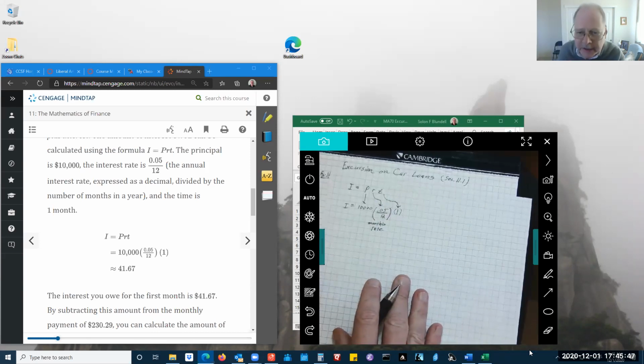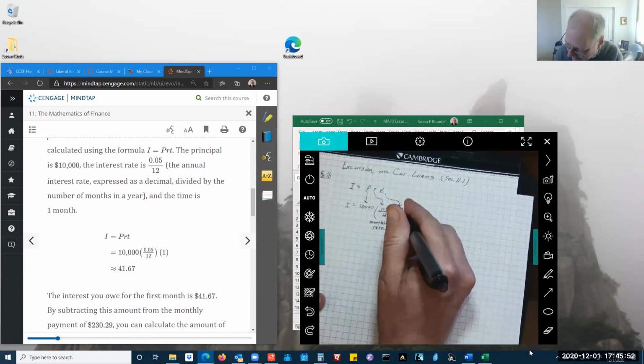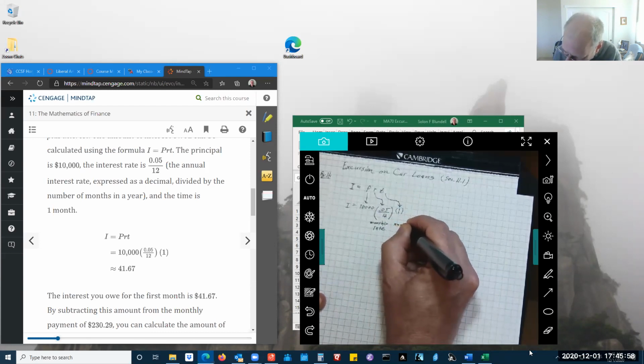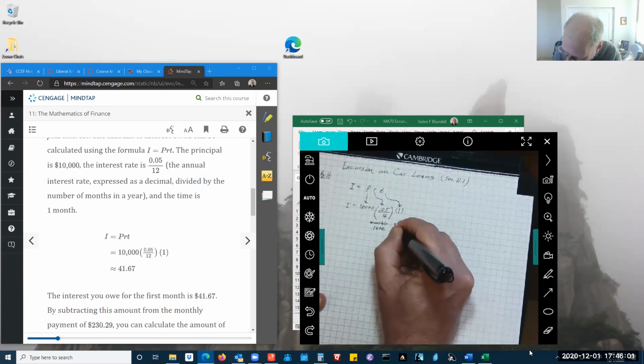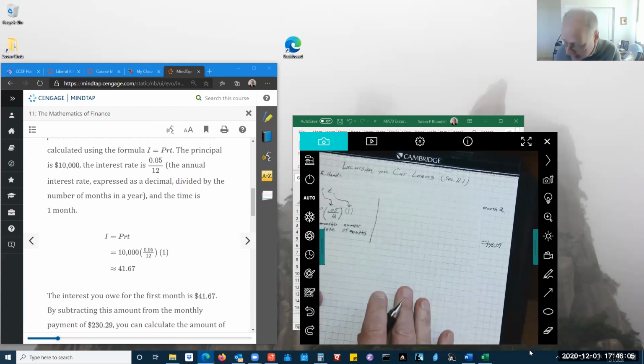I'm trying to figure out how much interest was owed for the first month, the amount of time that passed. The elapsed time is 1 month. So okay, I could do that.